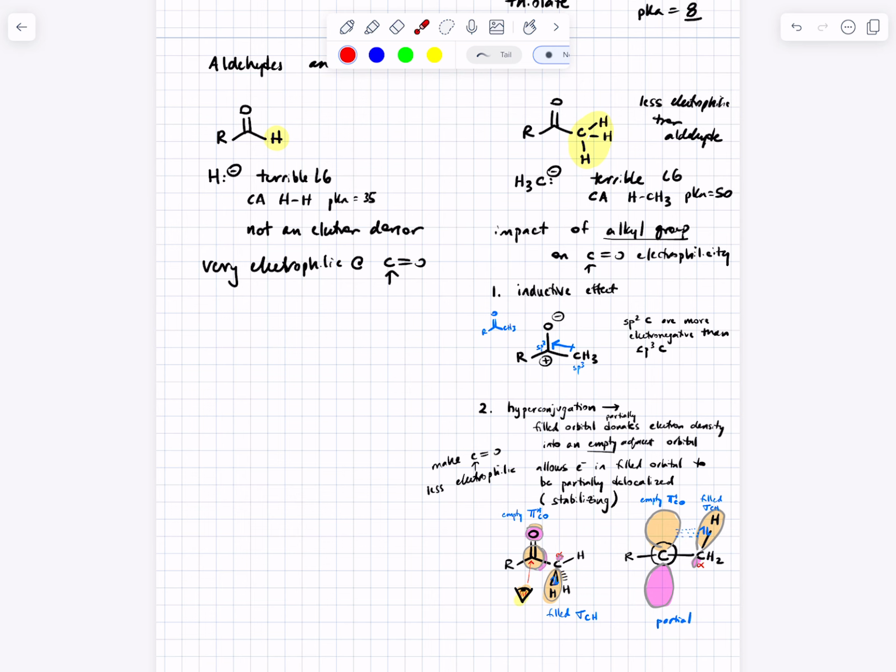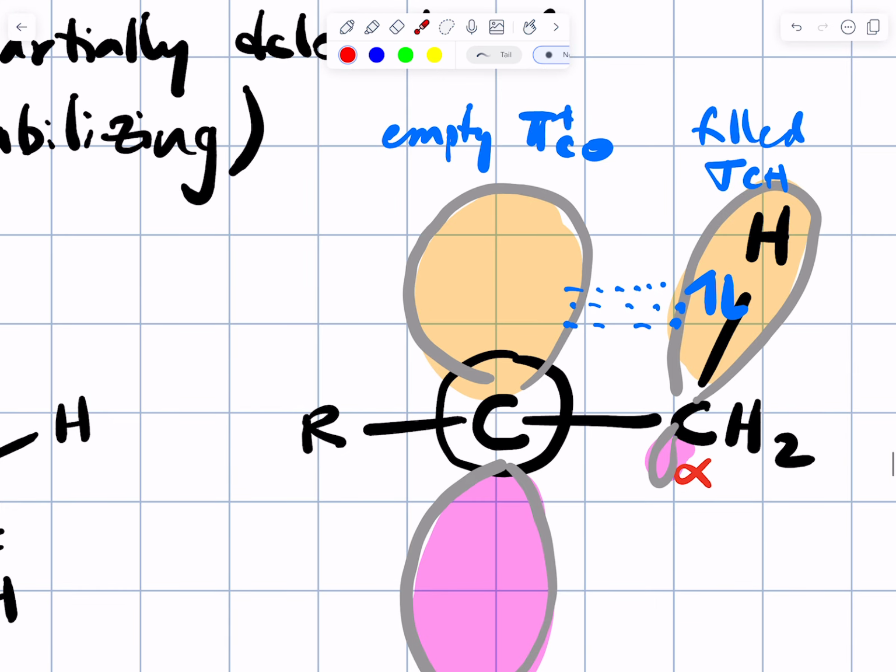Here we're allowing two electrons to be spread out over more than two atoms a little bit, and that has consequences. That makes the molecule more stable overall. From the perspective of those two electrons, they are lower in energy. Two things are happening at once. The fact that these electrons are moving over makes the carbonyl carbon less electrophilic, but that alpha hydrogen correspondingly more acidic.